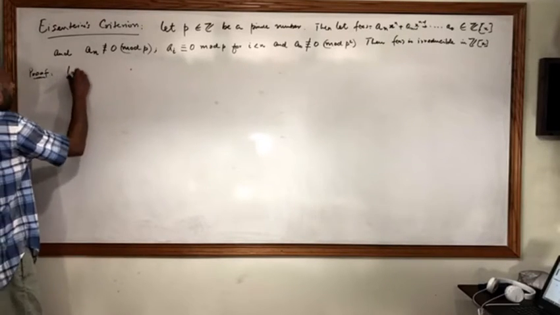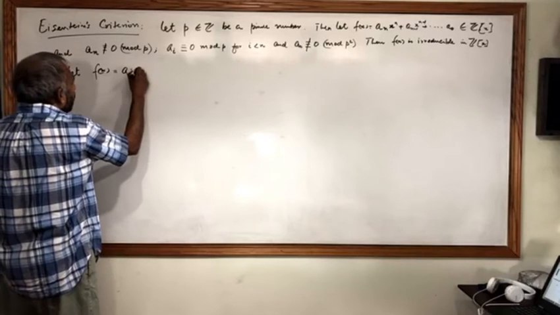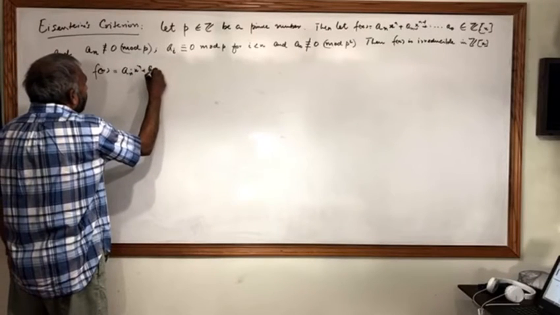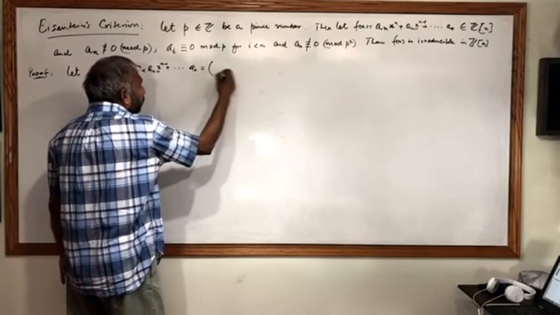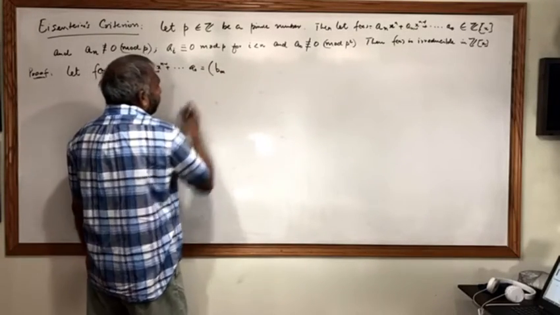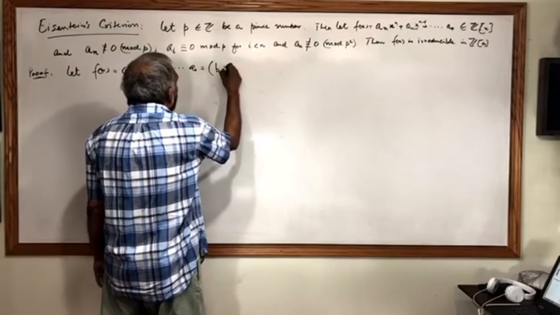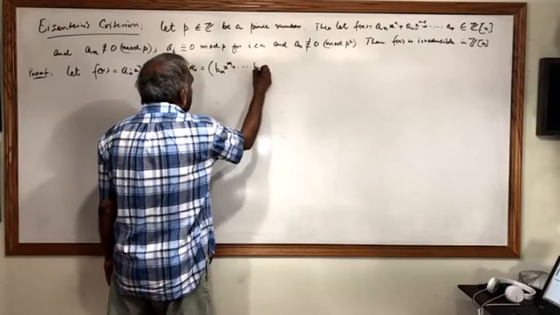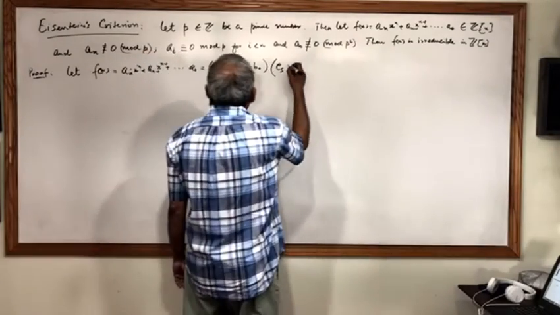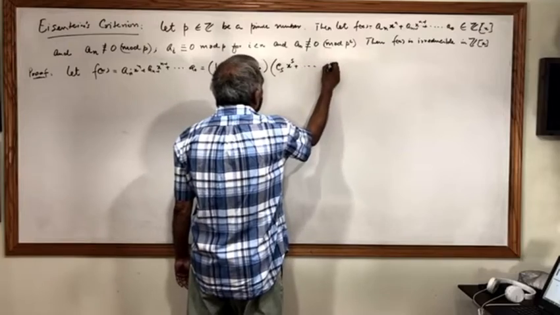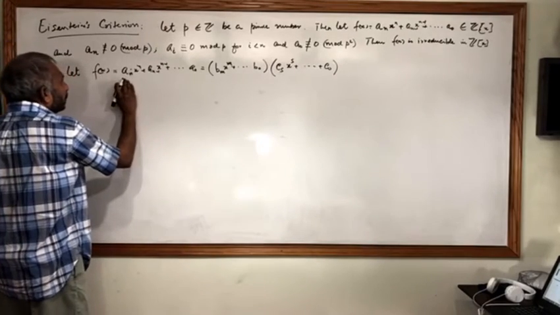So let f of x, and that is equal to a n x to the power of n plus a n minus 1 x to the power of n minus 1 plus dash dash dash a0 equals b r x to the power of r plus dash dash b0 times c s x to the power of s plus dash dash dash c0 be the factorization of this.